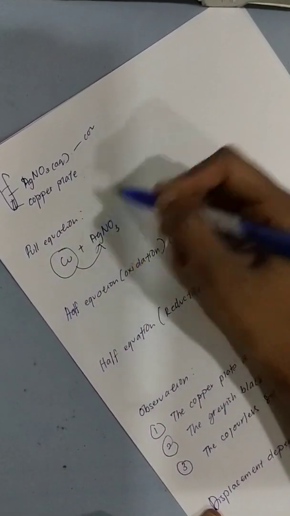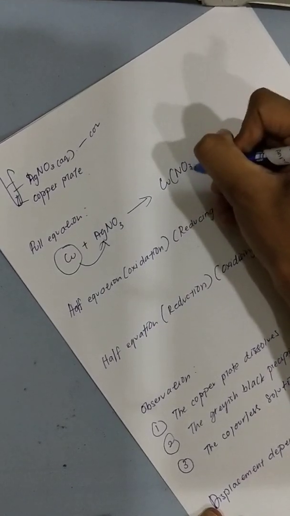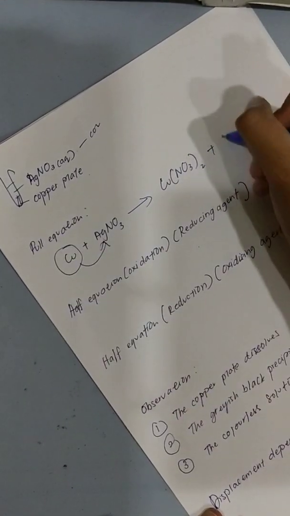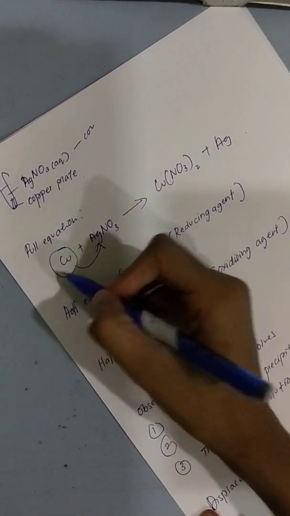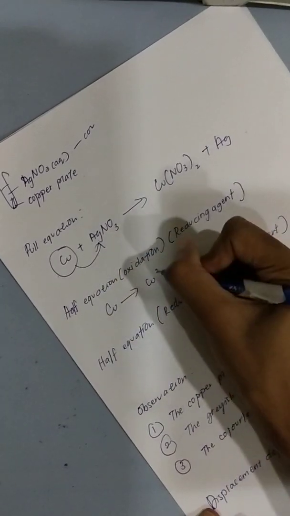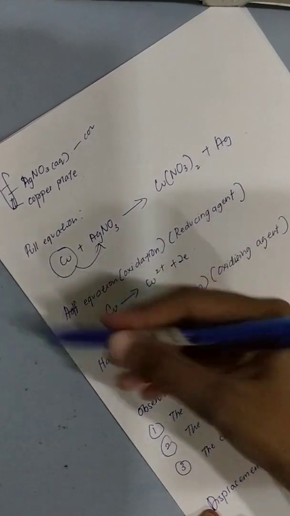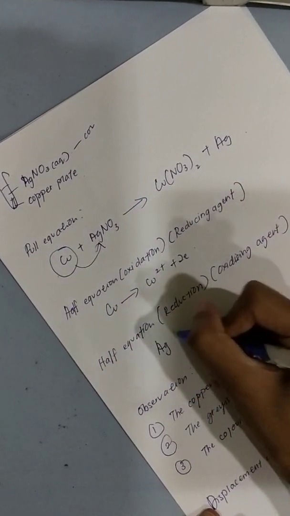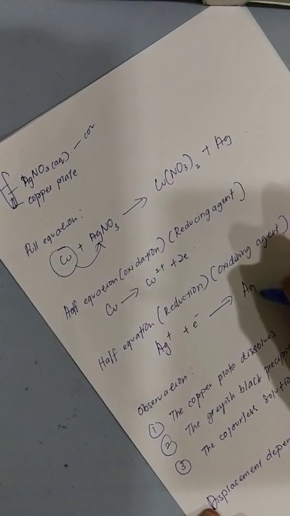So it will displace the silver and it forms like this. You balance your equation later. So now who goes through oxidation? The more reactive metal goes through oxidation. Whereas who goes through reduction? The silver ion goes through reduction, accepts the electron and becomes silver.